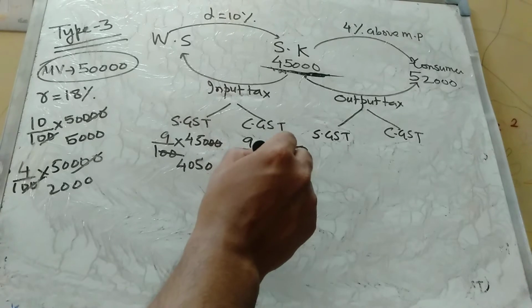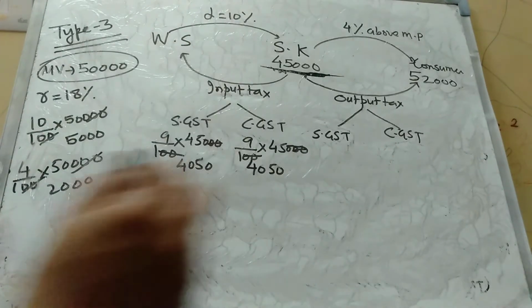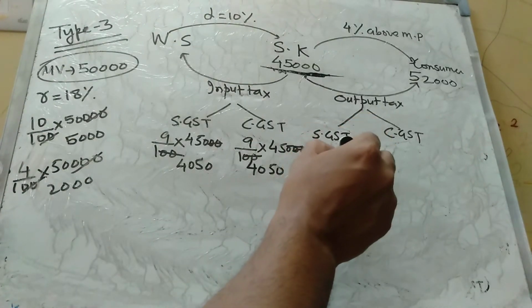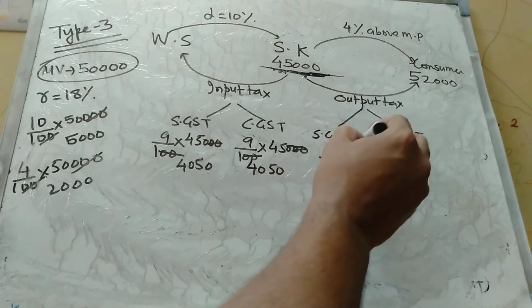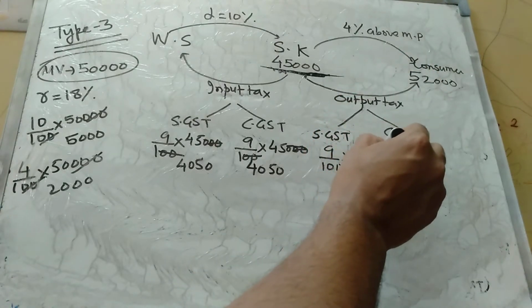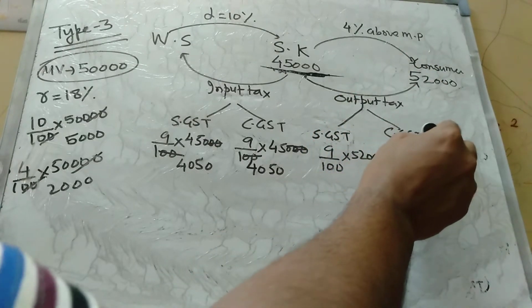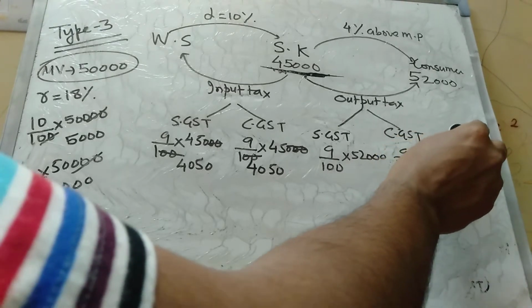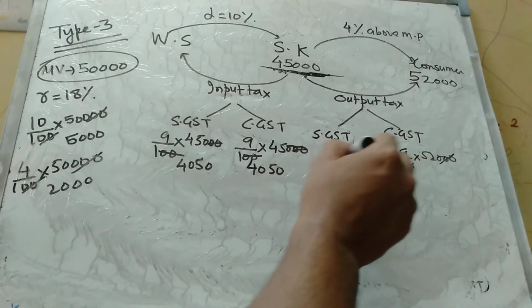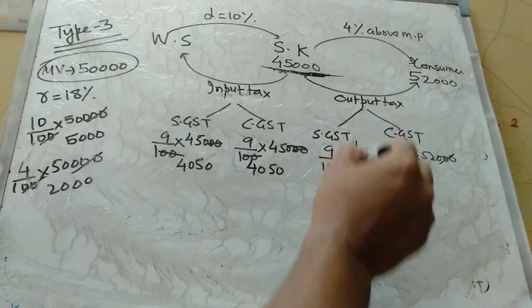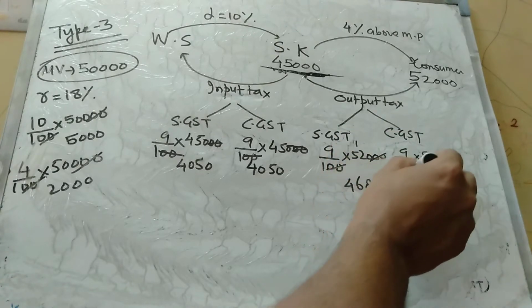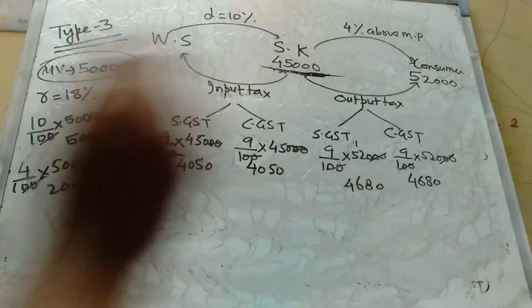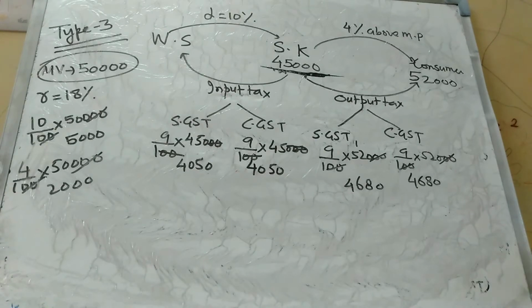Similarly, 9% of the selling price 52,000 is 4680.